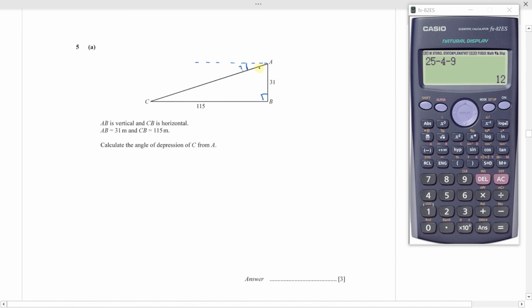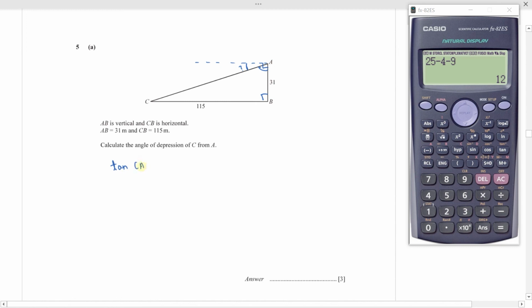So if I can find this angle, we know that this full angle is 90 degrees. If I find angle CAB, I can subtract it from 90 to get the angle of depression. So to find the angle CAB, I have two sides of this right angle triangle. This will become the perpendicular. If I'm looking from this angle CAB, this will be the base. So I can use tan.